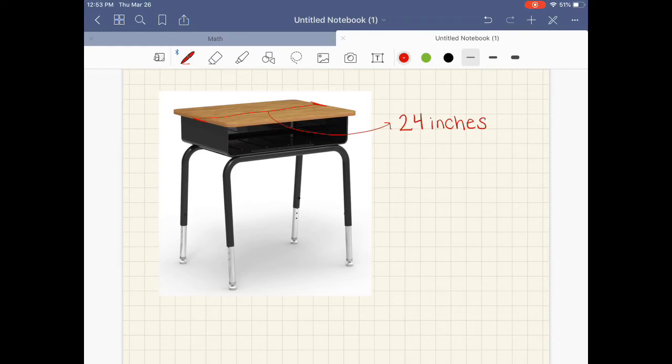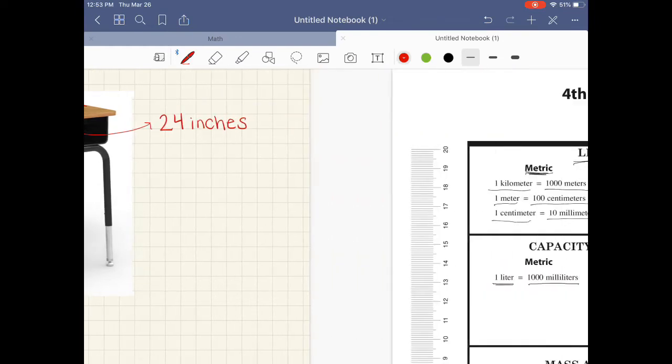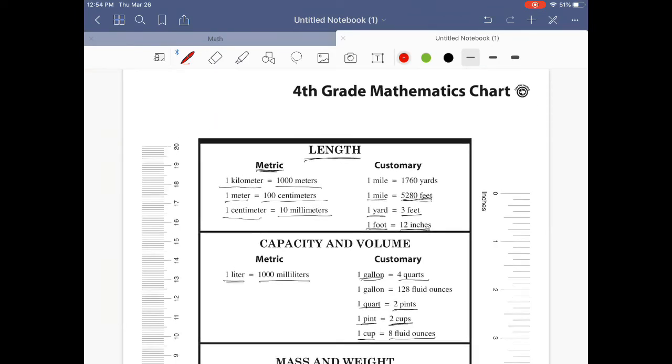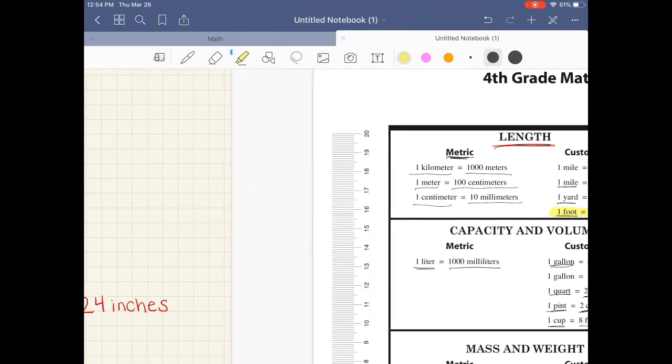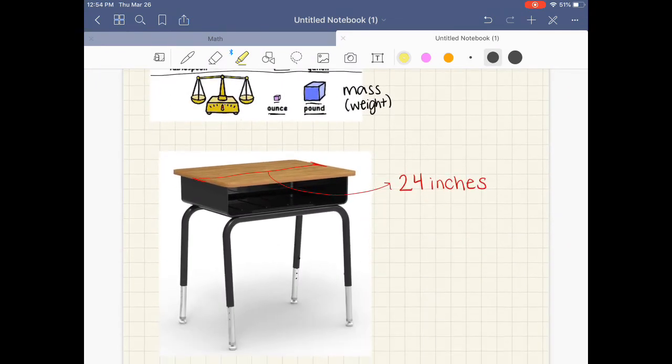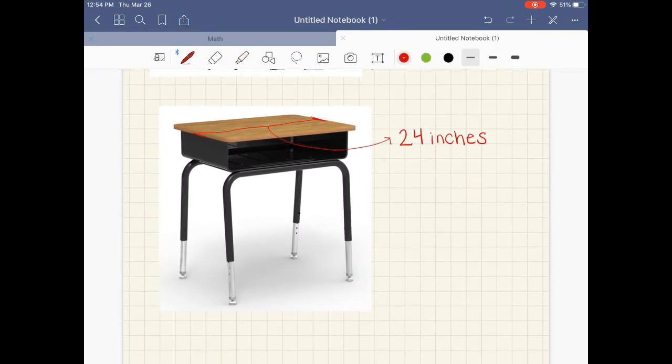This is what we're doing when we're talking about measurement conversions. We're finding one measurement and converting it to another. So let's take out our handy dandy chart and find we're measuring length, so it'll be under there. 1 foot equals 12 inches. So I'm going to go on back to my desk. All right, I have 24 inches and I just saw on my chart that 1 foot is equal to 12 inches.